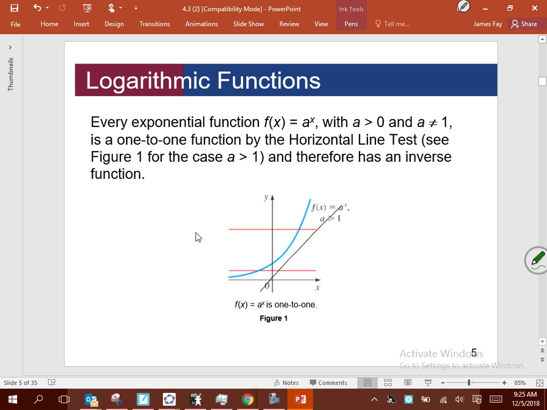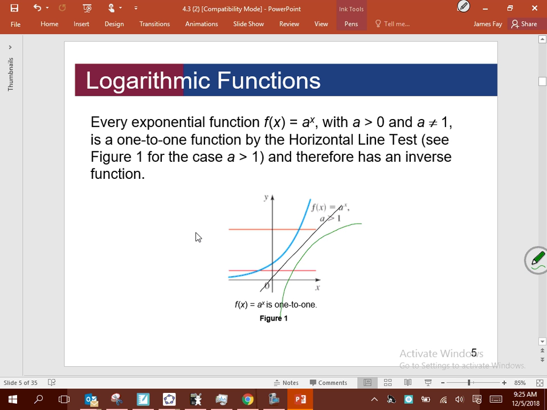When I reflect that blue curve over that line, it's going to look something like that green curve. Now the idea is that when you reflect over that y equals x line, we want that reflection to be a function. Is that reflection a function? Yeah. But only functions that pass the horizontal line test are going to have inverses that are functions.